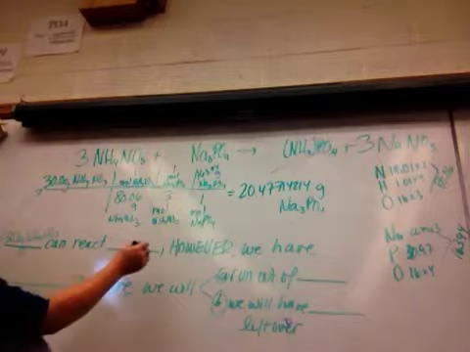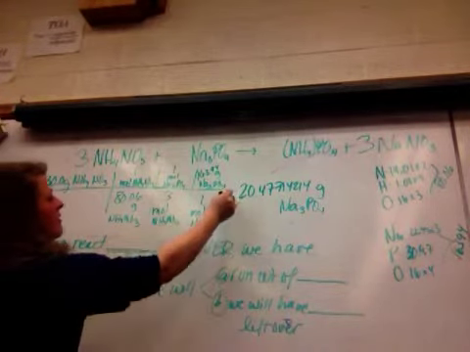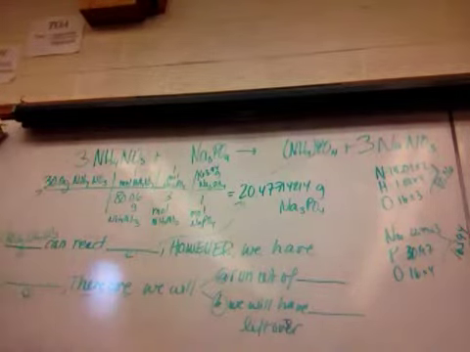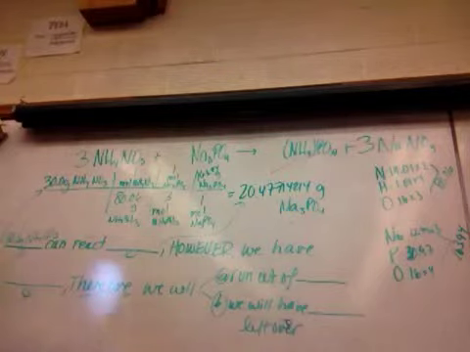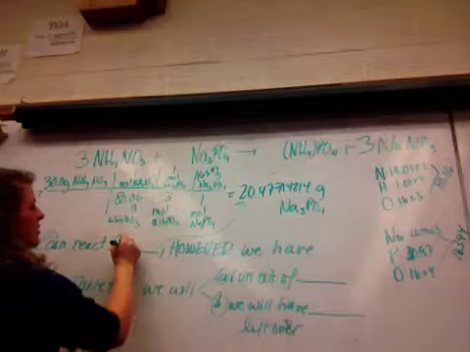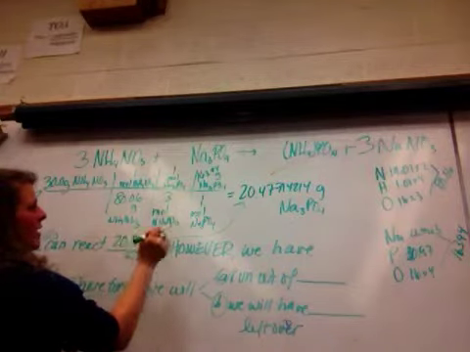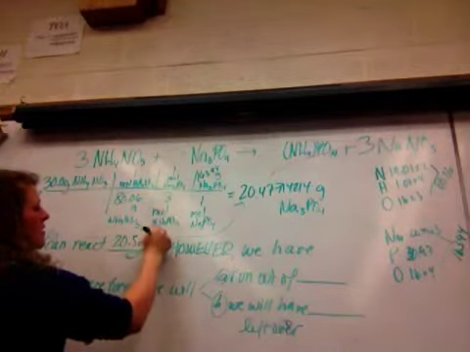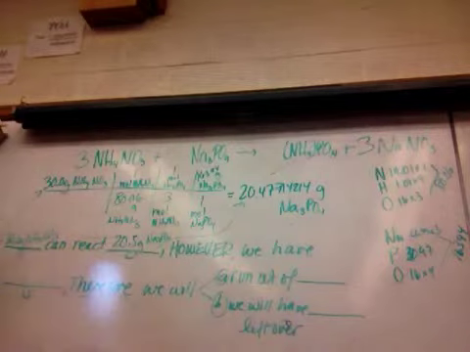Number 2 is the answer that you got in this factor label, and here we can go to sig figs: can react 20.5 grams sodium phosphate. So those are easy.